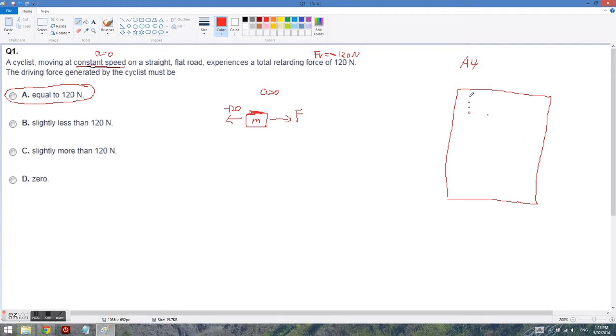Go to your notebook, write down Newton's first law, second law, and third law on your cheat sheet, because you're always going to use it. Sometimes in the exam they ask you what is Newton's first law. If you have it on your cheat sheet, just copy it down. Now, let's go to the second question.